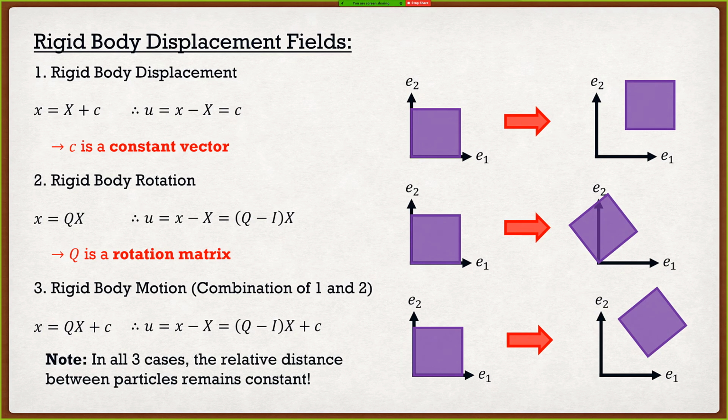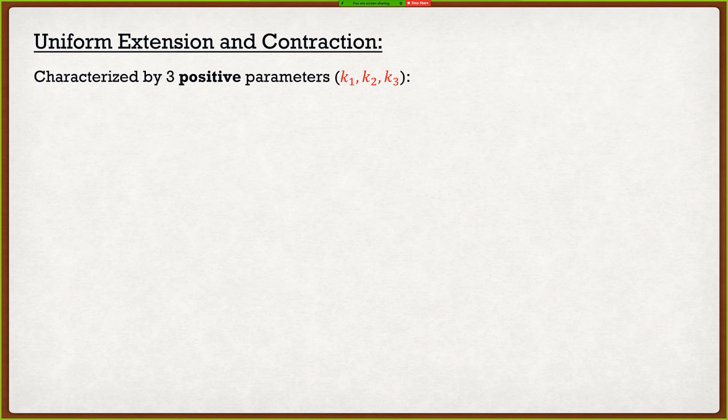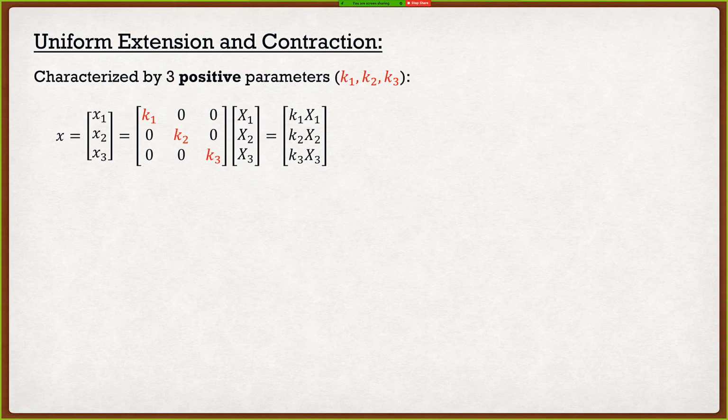So now let's look at some of the simplest cases of deformation, which is uniform extension and contraction, or you can say expansion, it doesn't really matter too much. The key for this one is that it's going to be characterized by 3 positive parameters: K1, K2, and K3. For uniform extension and contraction, our position function is simply going to be a matrix multiplied by big X, where the matrix has K1, K2, and K3 as diagonal components.